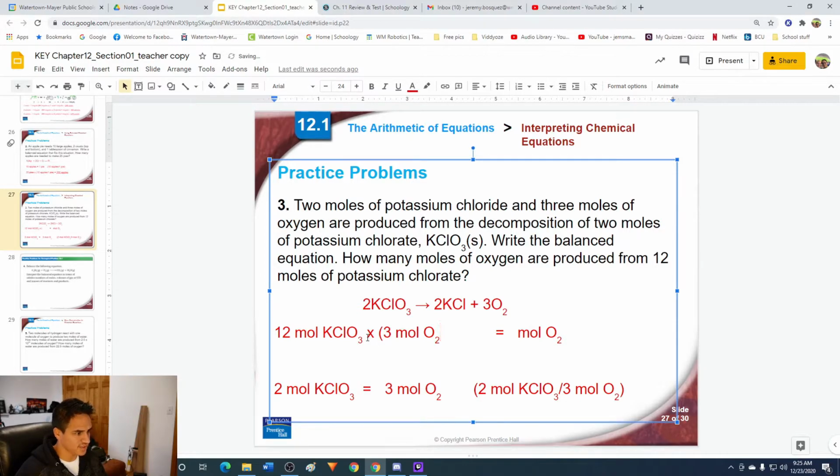In this case, you want to cancel out moles of KClO3, and you want to be left with moles of O2. So we're going to set up our math like this. That way, moles of KClO3 is what we're starting with, and we have moles of KClO3 on the bottom of our conversion factor, so that will cancel. And basically, we're going to take 12, multiply that by 3, and then divide that by 2, and I get a final answer of 18 moles of oxygen is how much we can make.